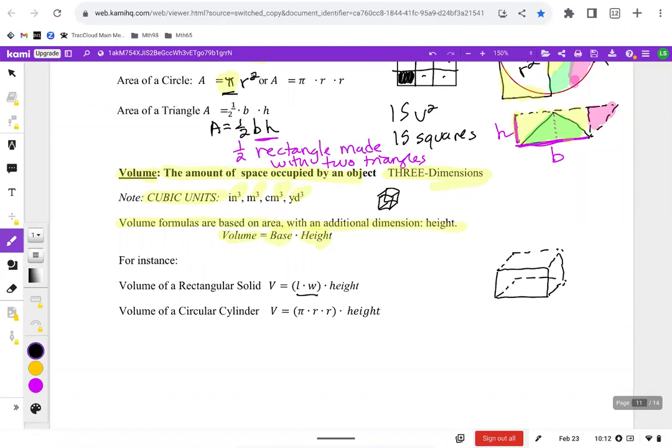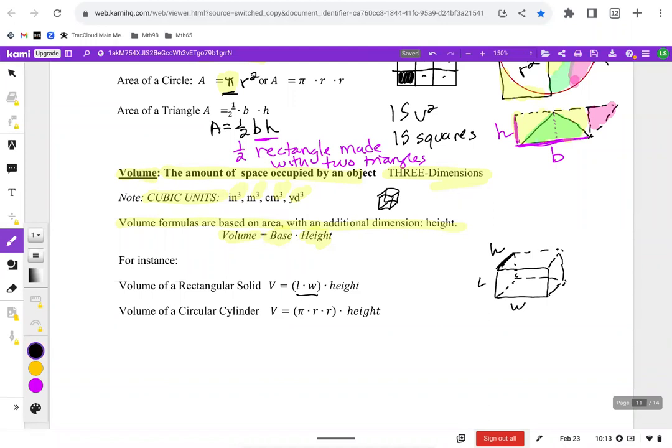So we've got our length times our width, and then we add this 3rd dimension height, and we have a 3-dimensional space that it's kind of like we're layering things on top of each other.